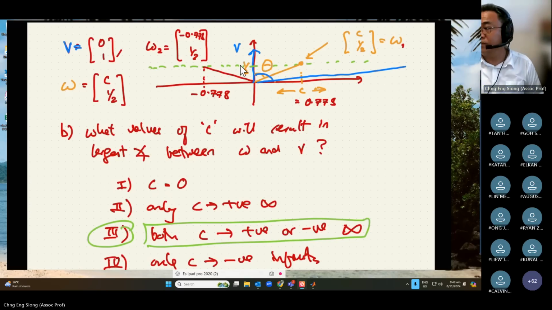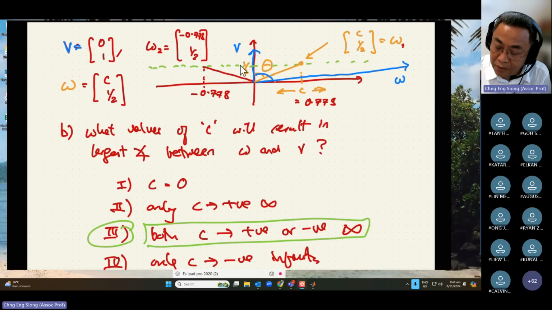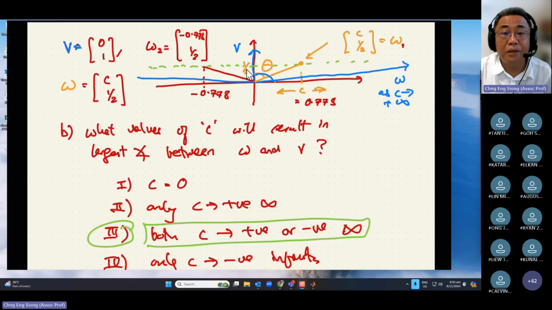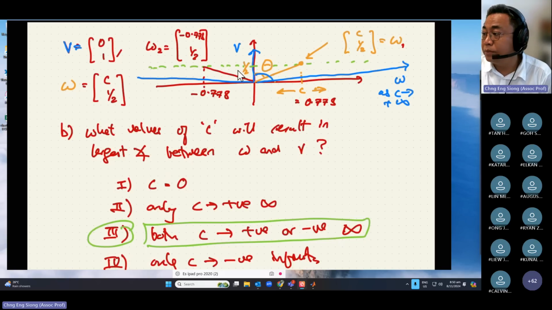Theta is growing as C tends to infinity. And of course, same at the other side. If I tend to negative infinity, theta is also going towards pi over 2. Clear, Marvin?